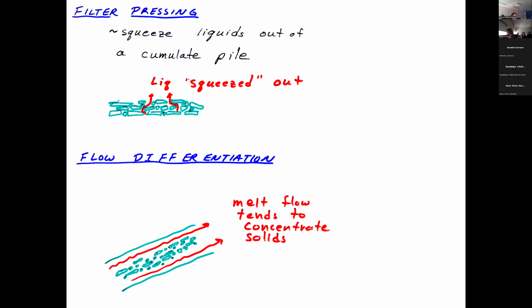Basically, that's a way to physically separate the two phases. Otherwise the other one can be flow differentiation, mostly doing gascent, where you have accumulation of crystals and the liquid will move on because of different density contrast, and so on.